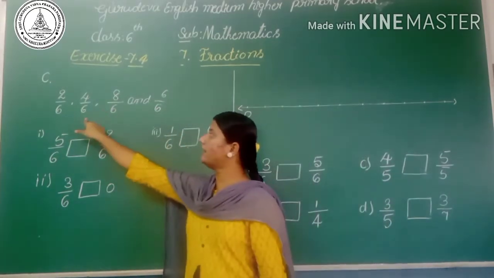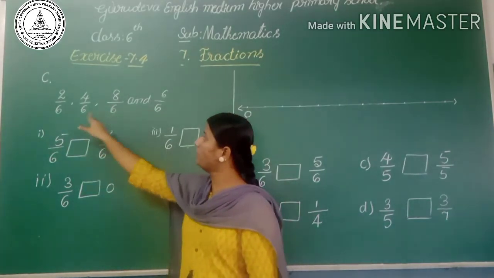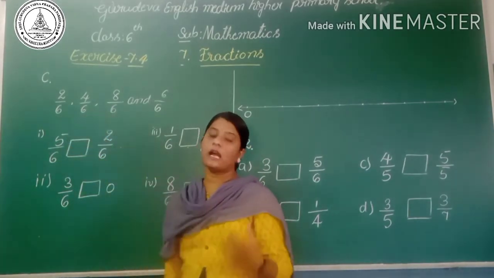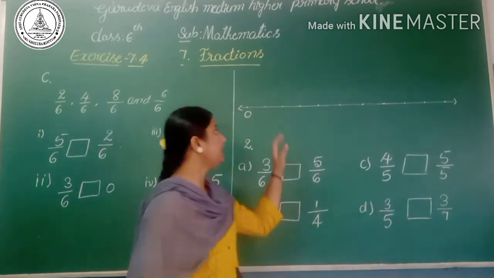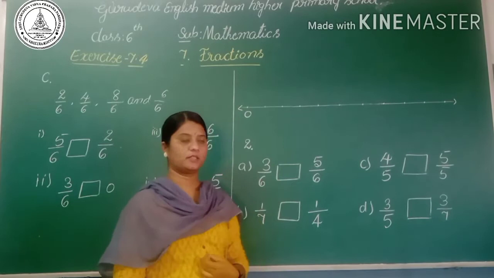So observe here the given fractions are like fractions having the denominator 6. So we have to divide the length between 0 and 1 into 6 equal parts. Okay.